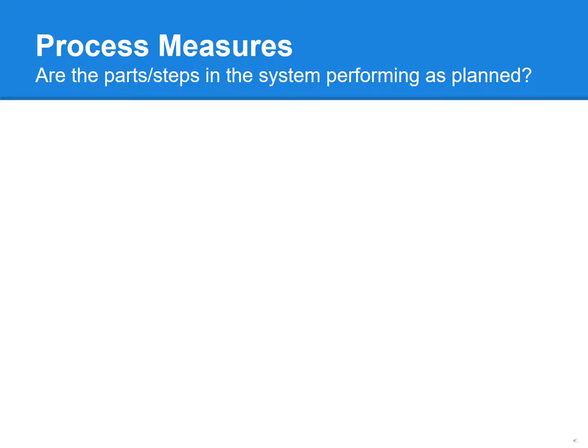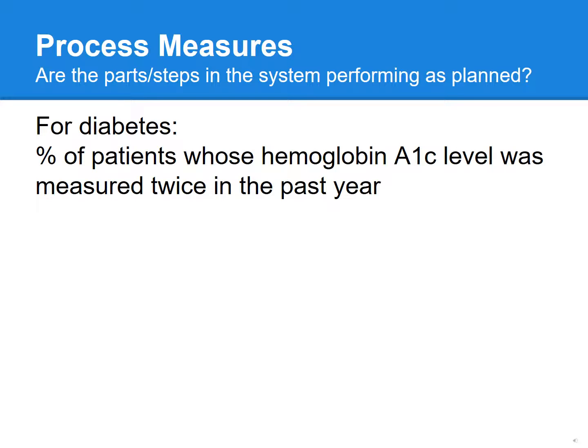In contrast to your outcome measures, which measure the final result of the changes you're trying to make, process measures measure whether or not the steps or parts in the system or process that you're working on are performing as planned. For instance, in your diabetes project, your process measure might be the percentage of patients who are actually having a hemoglobin A1C level checked, say, twice in the last year. Because obviously, if you're not measuring hemoglobin A1C on people, you're not even going to be able to tell if it's changing.